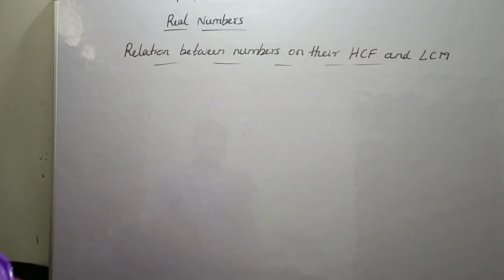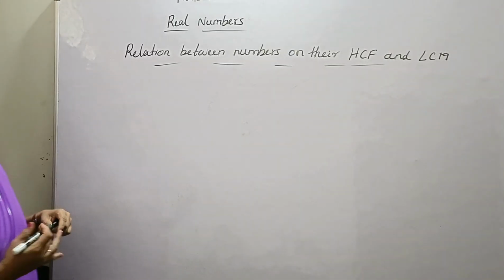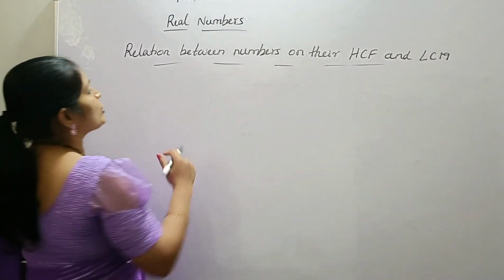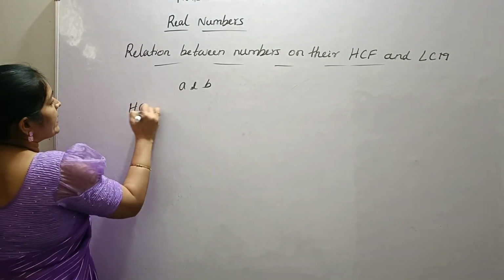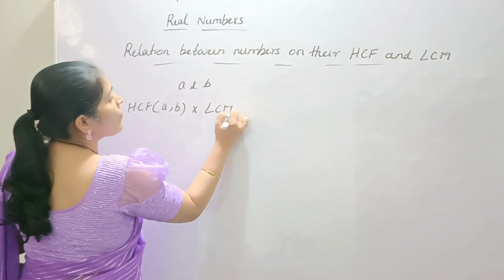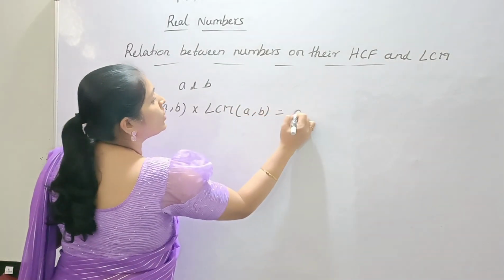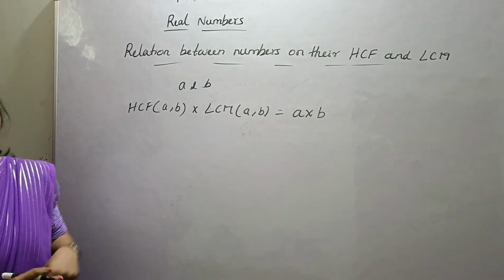Next we are going through the relation between numbers and their HCF and LCM. Take any two positive integers a and b. Then HCF of a and b into LCM of a and b is equal to the product of the two numbers, a into b.